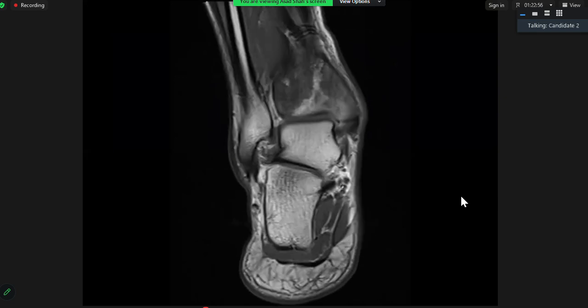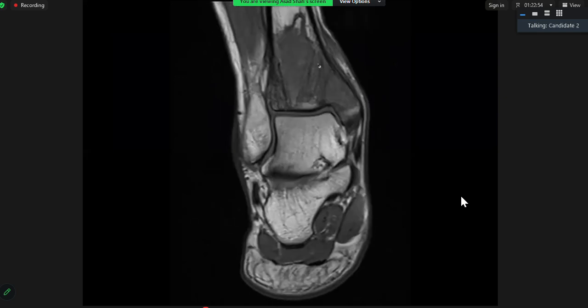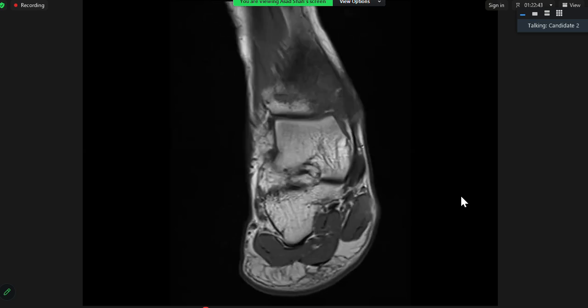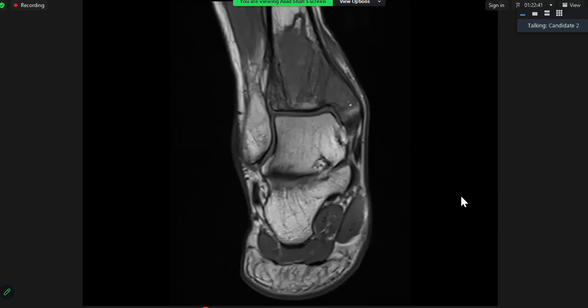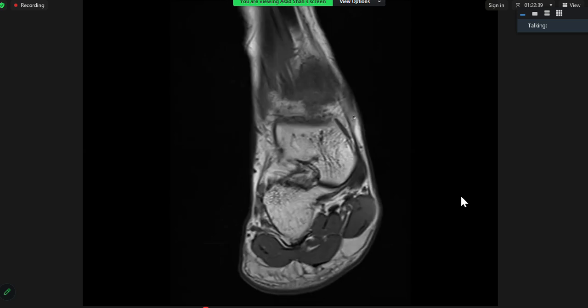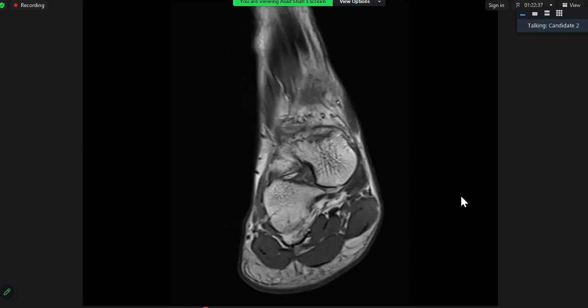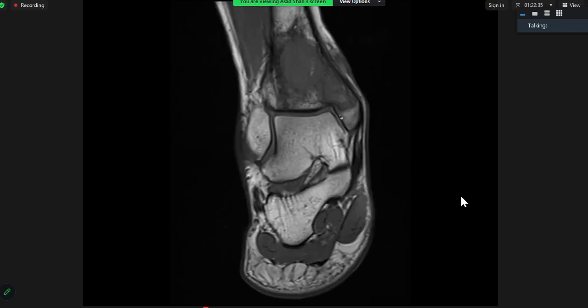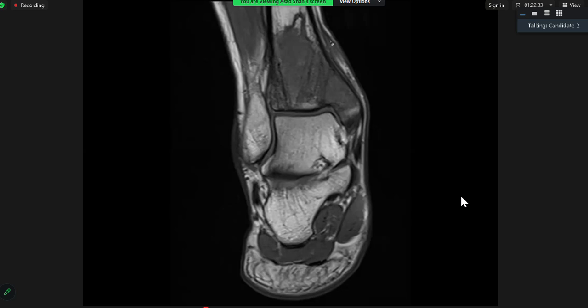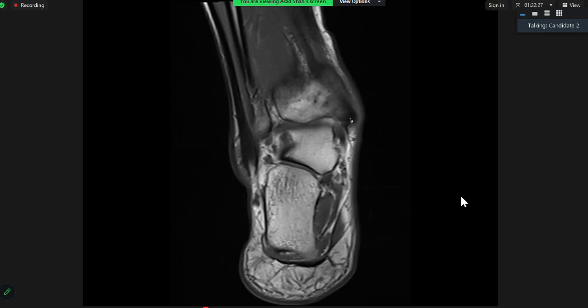I can see an area of abnormal intensity involving the distal metaepiphyseal region of the right tibia. It shows a slightly broad zone of transition along its medial cortical margin, and the abnormal signal intensity areas are also extending and involving the subcutaneous tissues.